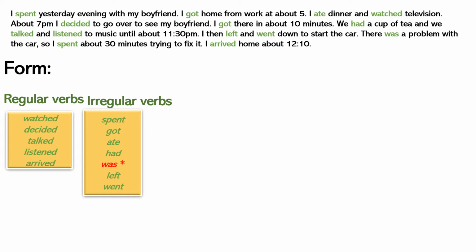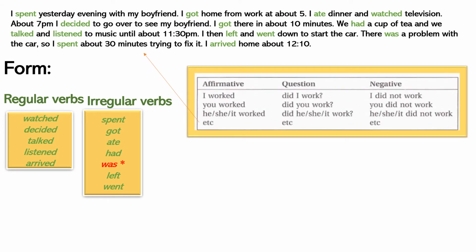But the good news is that the past simple is the same in all persons, with the regular and irregular verbs. The only exception is the verb to be, but I will explain later. So the positive statements are formed by the subject and the correct form of the verb.